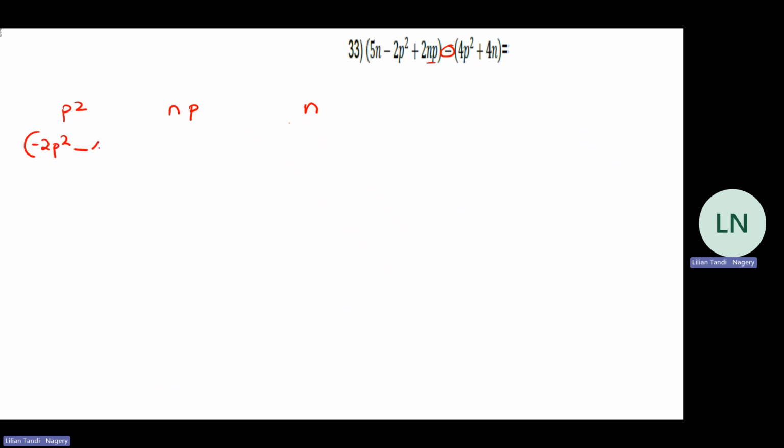Subtract 4p squared. I have used my p squared. Now I want to do np. I have positive 2np. He doesn't have a friend on this bracket, so that will be minus 0. Then I do my n's. I have 5n minus positive 4n.